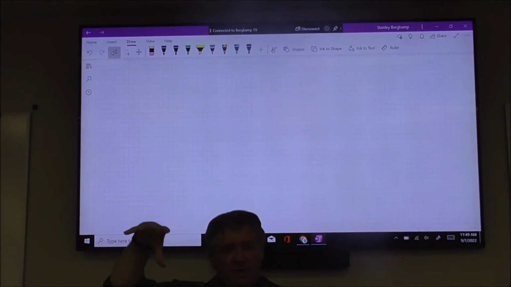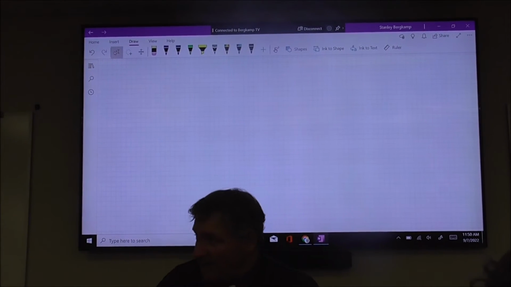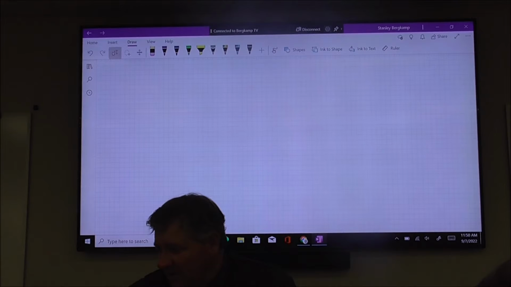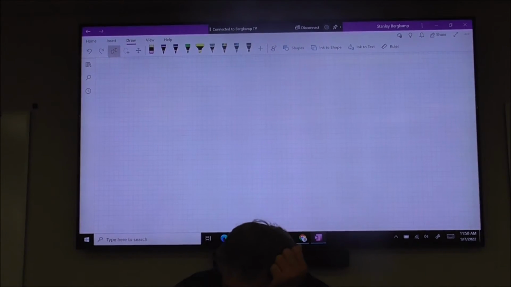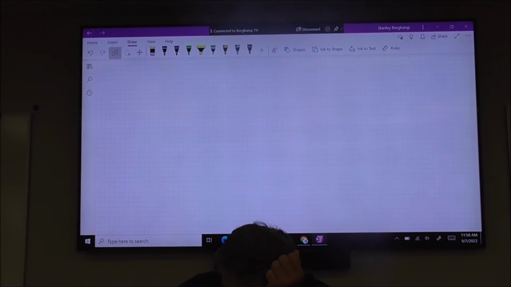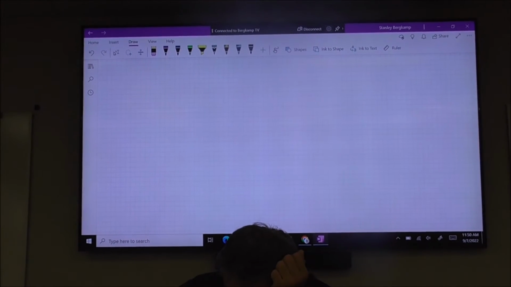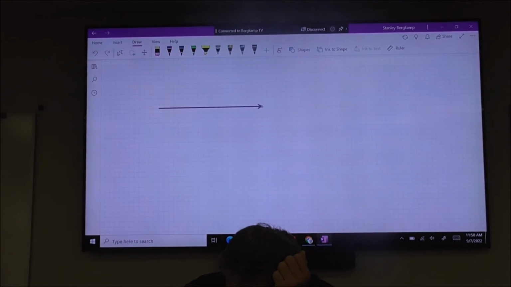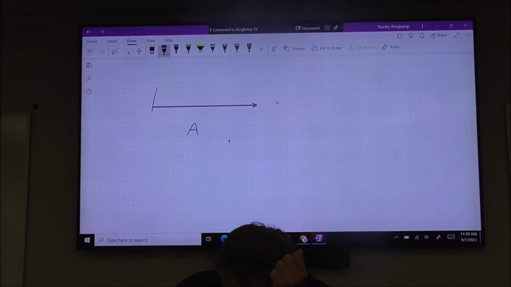So basically, if you look at where we're at right now, if you look at vector A, here's how you guys drew this thing yesterday. You drew a line 5 centimeters long at 0 degrees.